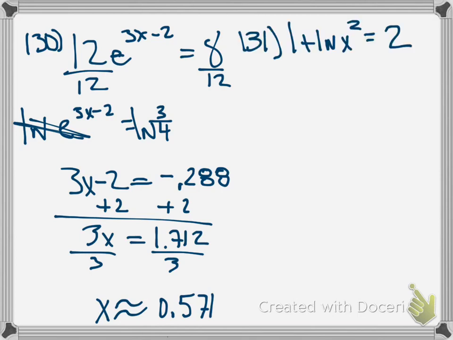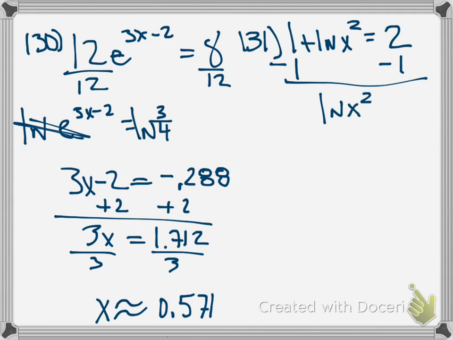Okay, for problem number 131, we want to make sure that we isolate the natural log. There are a couple of different things that we could do with this. I think the easiest thing to do would be to first get the natural log by itself. So the first thing I would do is go ahead and subtract 1. Always start off with something like this.